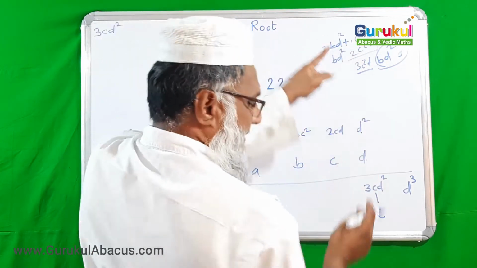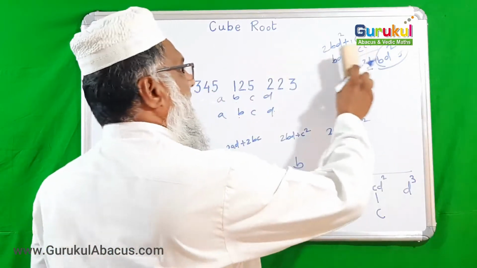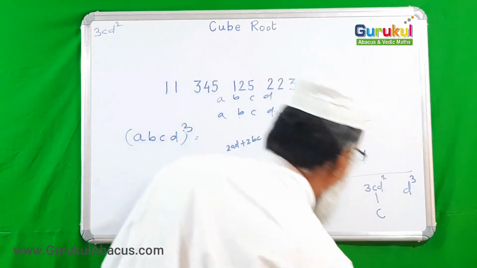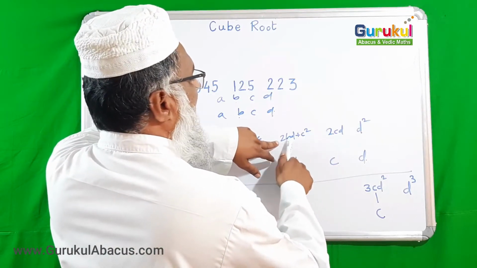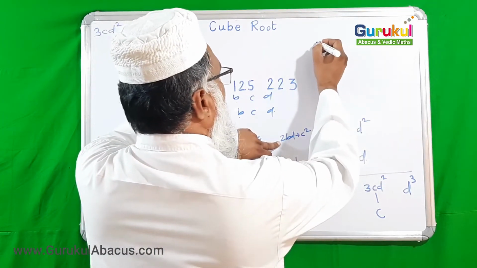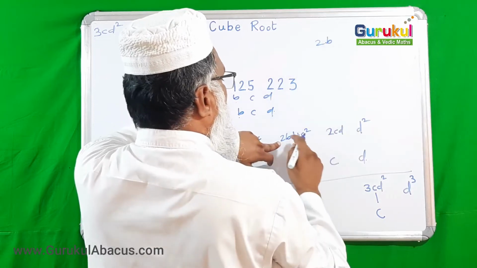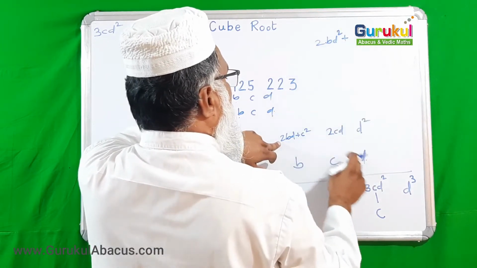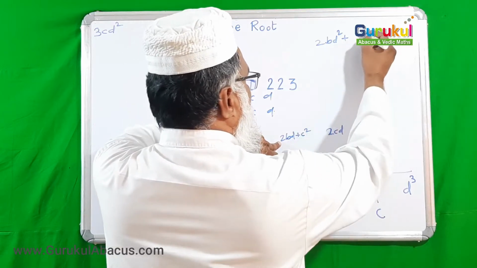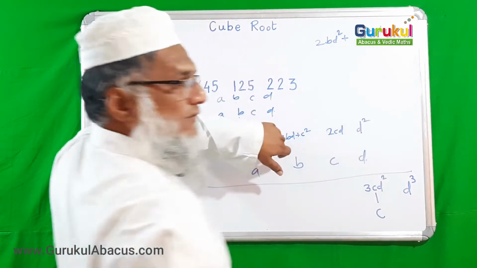Again we can check it back. We shouldn't have any confusion. Again we are trying 2bd, this into this, so it is now 2bd square, 2bd square plus c square d, c square d we have got.